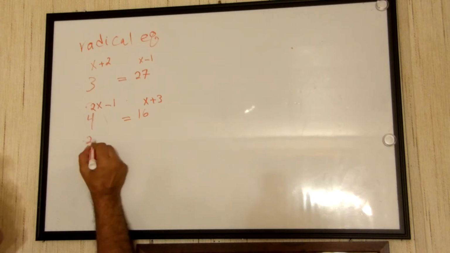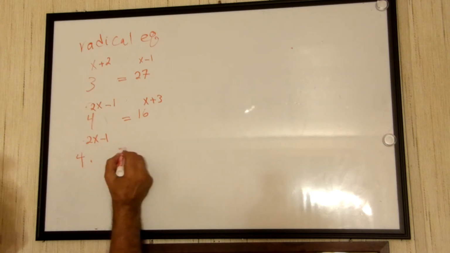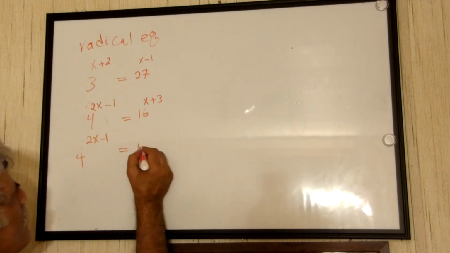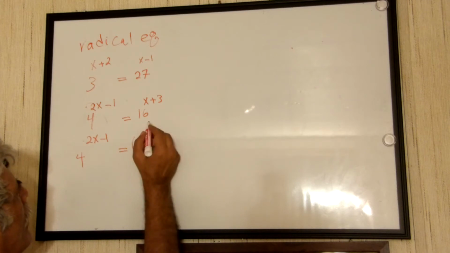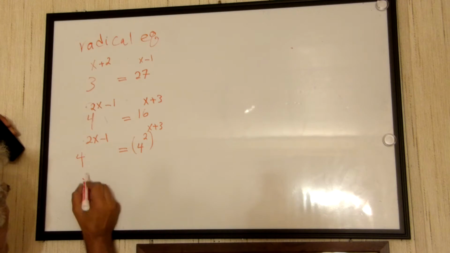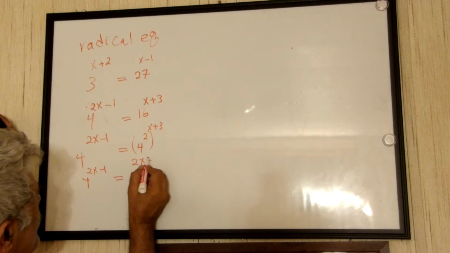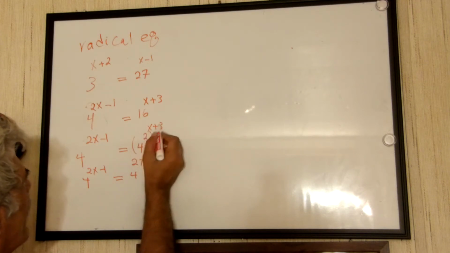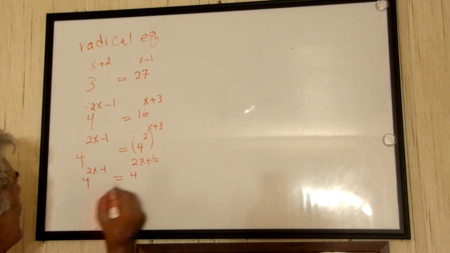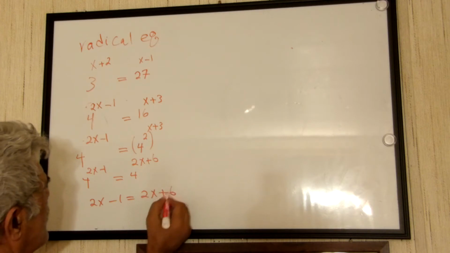This is 4 to the power of 2x minus 1, and 16 means 4 to the power of 2, then to the power of 3. So 4 to the power of 2x minus 1 is equal to 4 to the power of 2x plus 6. The 2 is multiplied by this exponent.